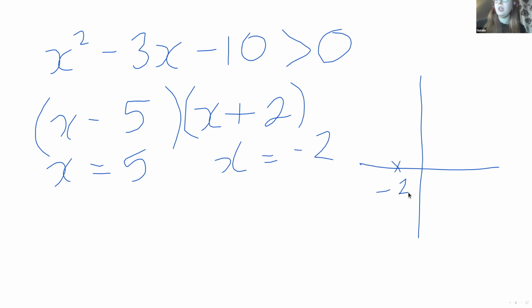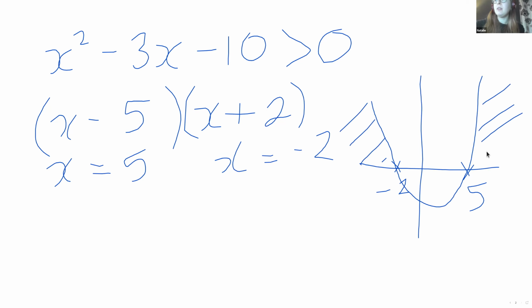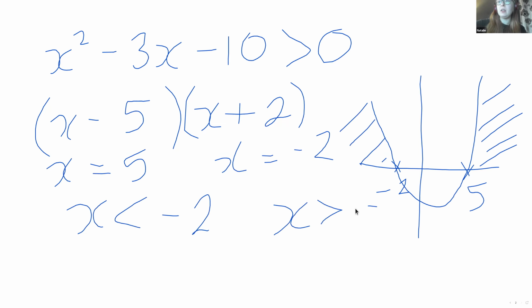So you've got minus 2 and you've got 5. You've got your graph going through there. And this time we're looking for the regions that are greater than 0, which is when x is less than minus 2 and x is greater than 5. It's the outer regions.